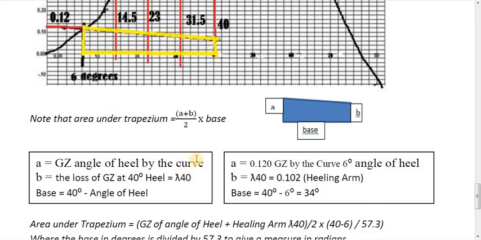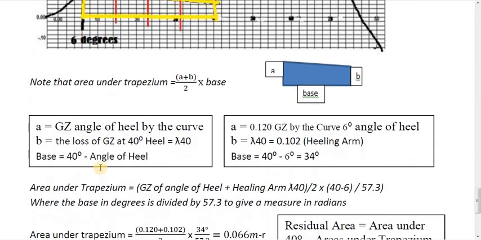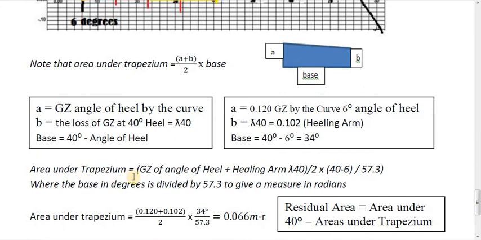This is now the formula. The area under the trapezium is the GZ at the angle of heel, that is A, plus the heeling arm, which is the loss of GZ at 40 degrees, divided by 2.